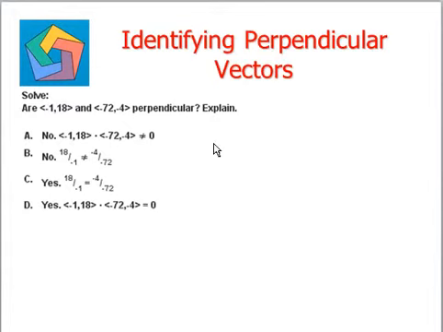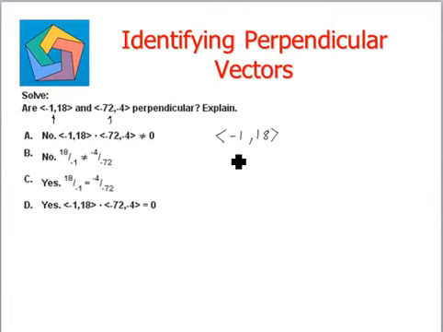Solve, are negative 1, 18 and negative 72, negative 4, the two vectors perpendicular? Explain. So we know that if the dot product is 0, that means the two vectors would be perpendicular.